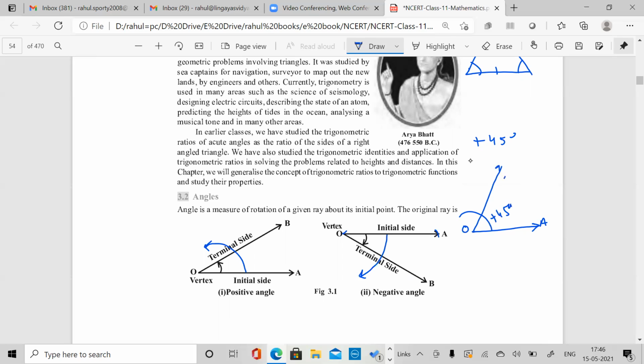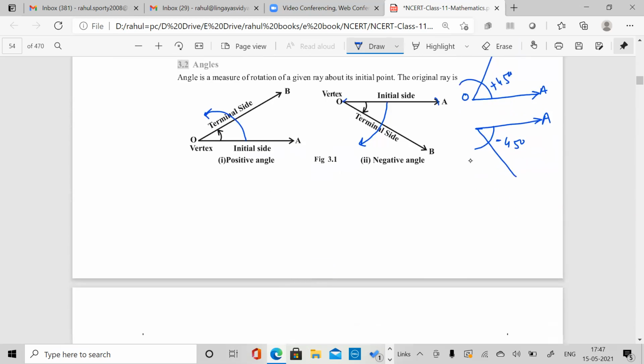If I talk about minus 45 degree, then you have to make one baseline and measure the angle clockwise below the reference line. Then it will be your minus 45 degree. It means below the baseline or clockwise is your negative angle, and anti-clockwise will be your positive angle. Okay.